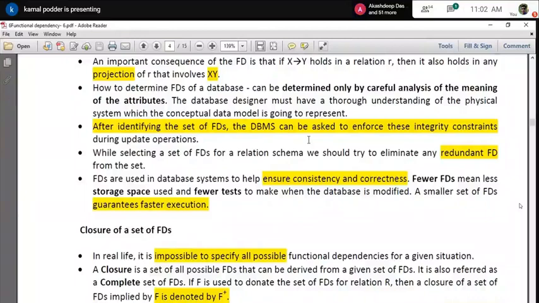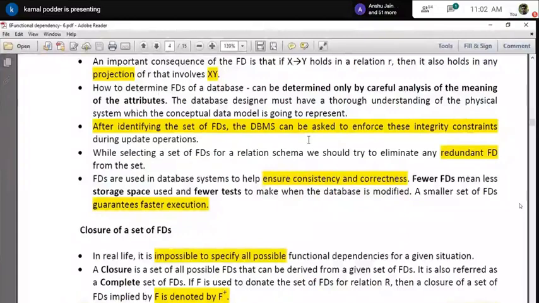As soon as you get that FD set, which is faithfully representing your database, then only you concentrate on that thing. Because why? Because as soon as you try to implement the integrity constraint for a particular FD which we have already identified, what does it mean?